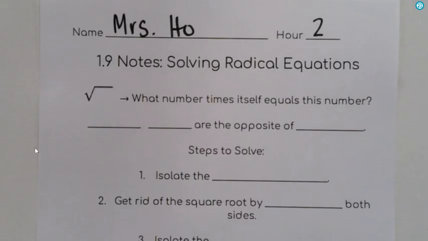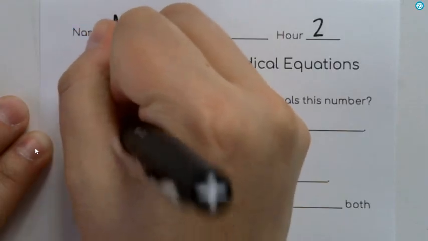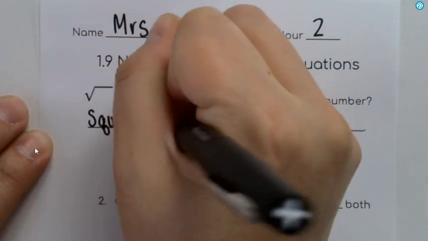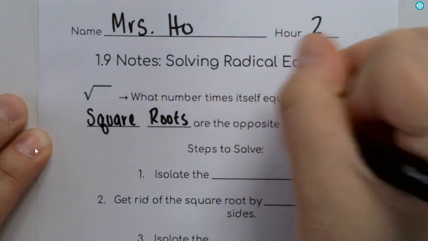Up until now, we have had two sets of opposite operations. Addition is the opposite of subtraction. Multiplication is the opposite of division. We now have another set that we're bringing to the table. Square roots are the opposite of squaring something.